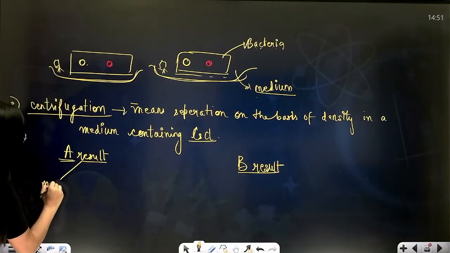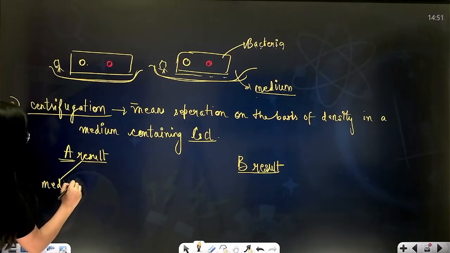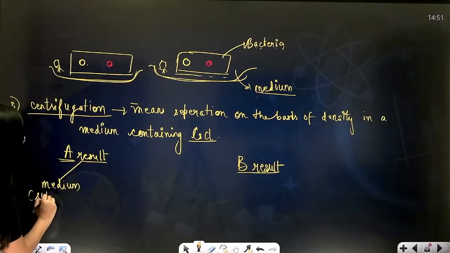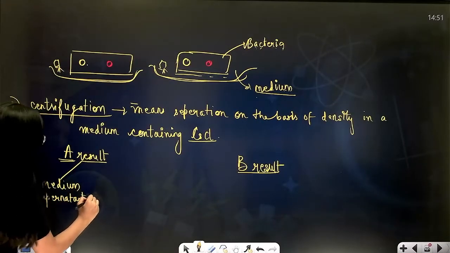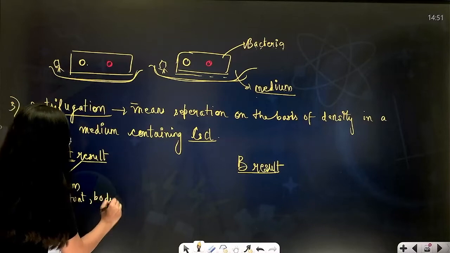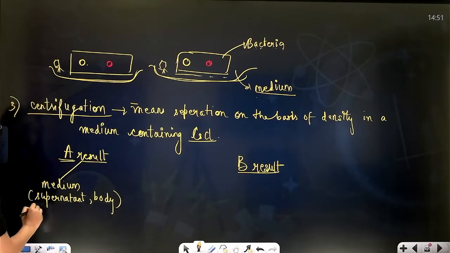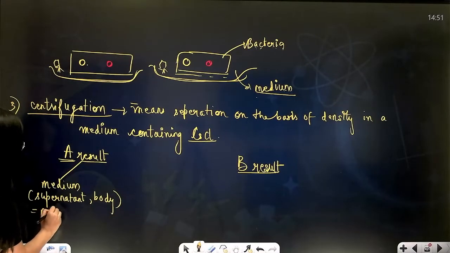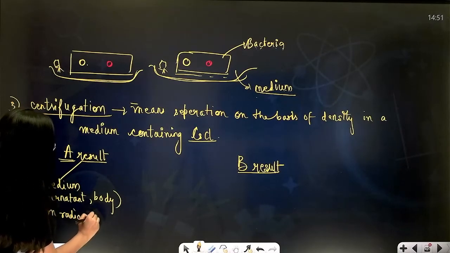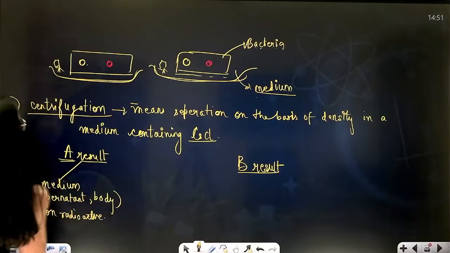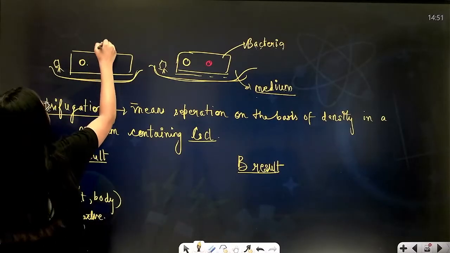The medium, which is called the supernatant, which is having the virus body, will be non-radioactive, lesser heavy.